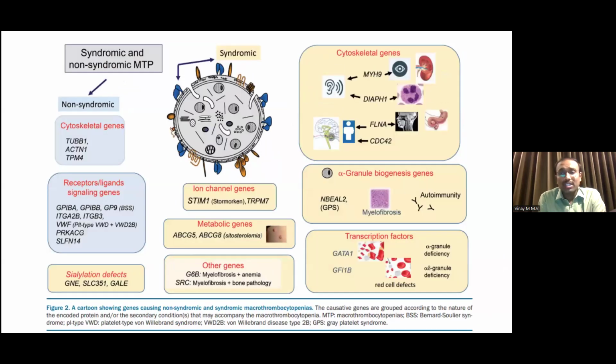Macrothrombocytopenias can present as syndromic, such as MYH9 related disorders, with early onset cataracts, glomerulonephritis, and sensorineural hearing loss. Gray platelet syndrome can present with myelofibrosis and autoimmunity, and transcription factor defects like GATA1 can present with familial thrombocytopenia, along with a few other genetic causes.